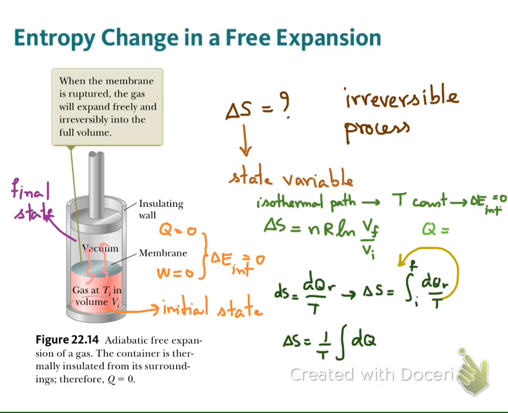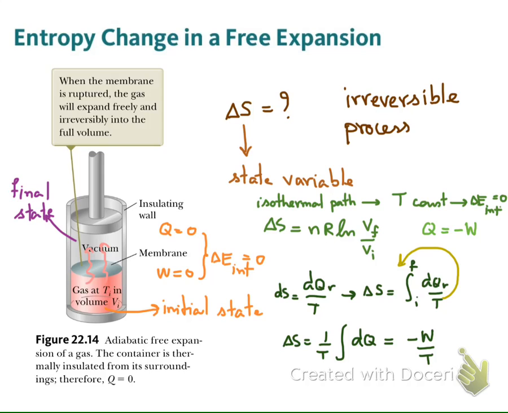Sorry, q is equal to the minus of the work done on the system. This is because the internal energy is 0. So we have q equal to minus W. So this is equal to minus W over T. W is the work done on the system.